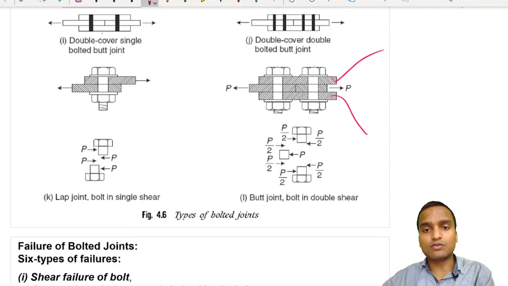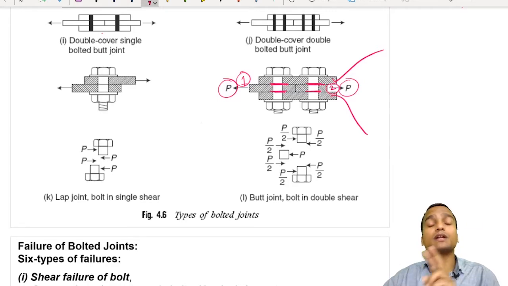Between these two cover plates, this is main plate 1 and this is main plate 2, and both of these plates are applied with concentric axial load P. Now we see there are two planes on each bolt. This is plane number 1 and this is plane number 2. Similarly, on this bolt, this is plane number 1, this is plane number 2. So there are two shear planes on each bolt in a double cover butt joint.